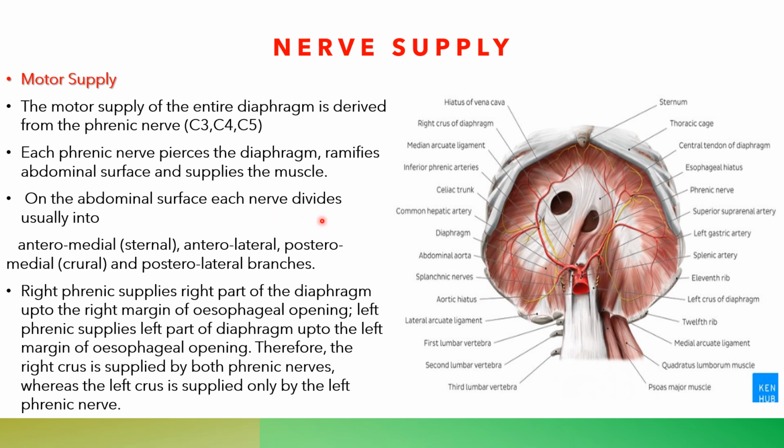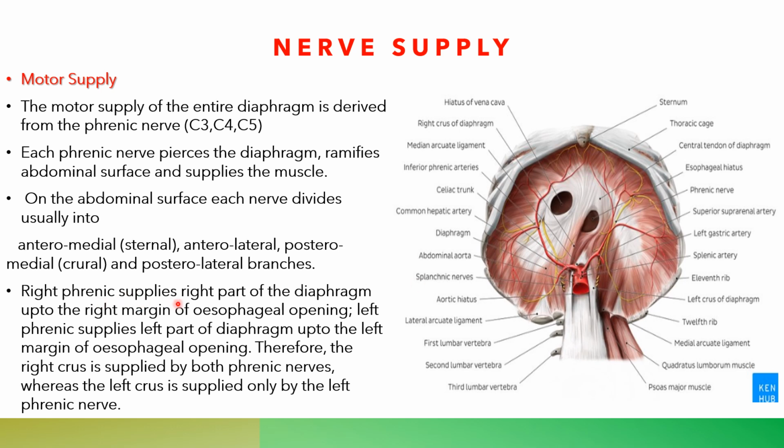On the abdominal surface, each nerve divides into anteromedial, the sternal, anterolateral, and posteromedial and posterolateral branches. So these are the branches from the phrenic nerve over the abdominal surface of the diaphragm.